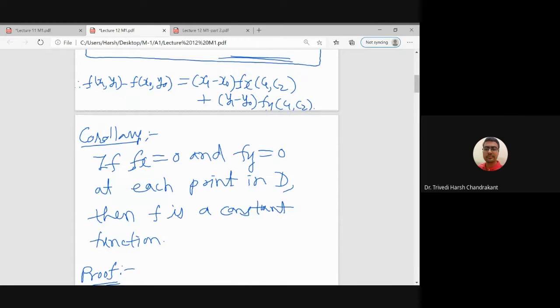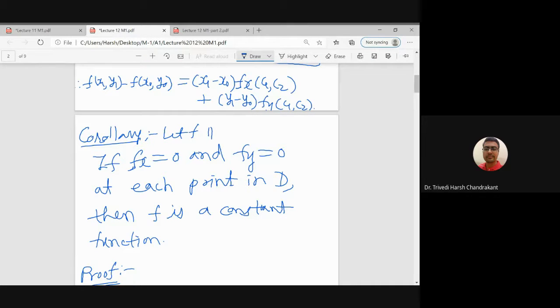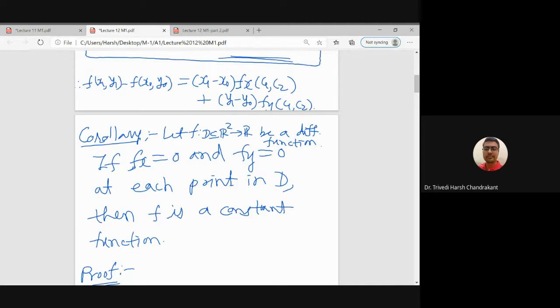Now what is given is of course that the function is differentiable. Let us write down: let f from D, a subset of R2, to R be a differentiable function, and further we have partial derivatives equal to 0 at every point.